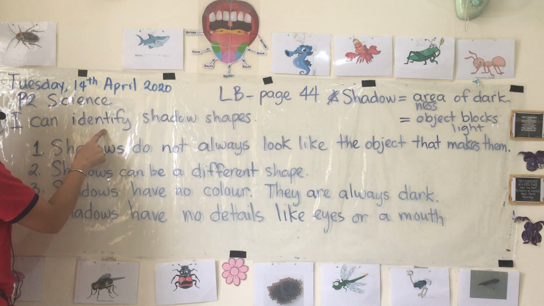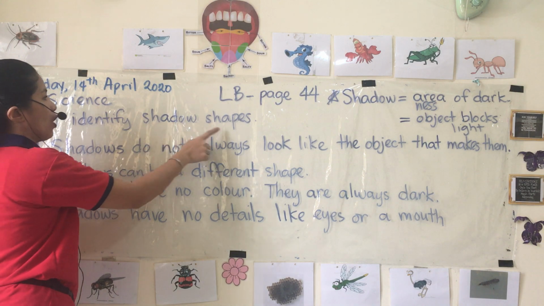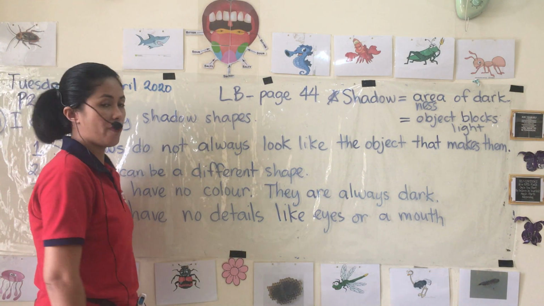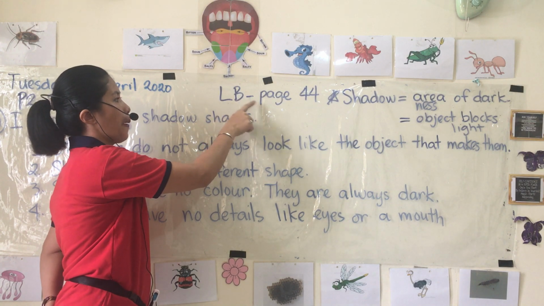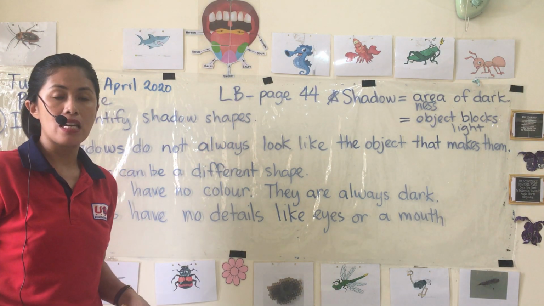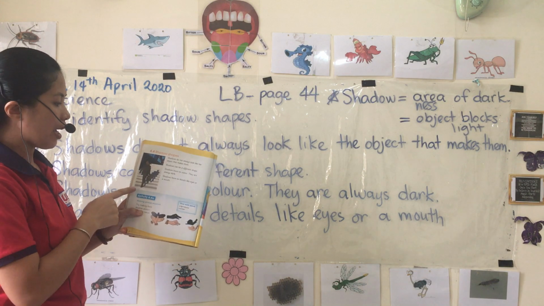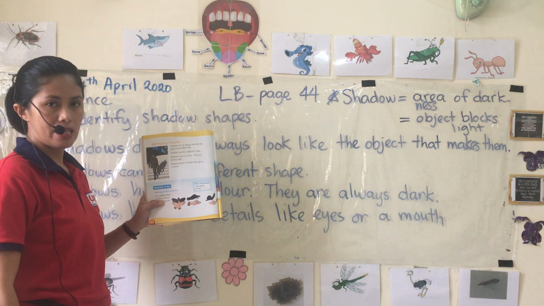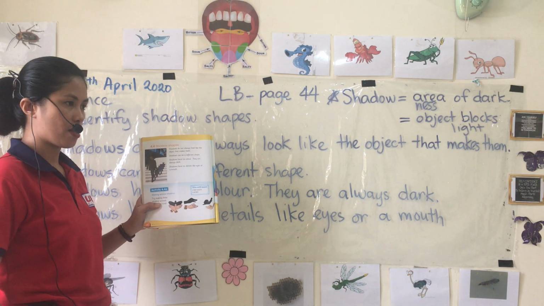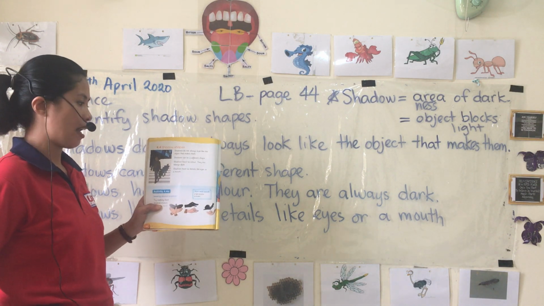I can identify shadow shapes. You can find this in your learner's book, page 44. Here we can see a man with his attaché case in his hand.